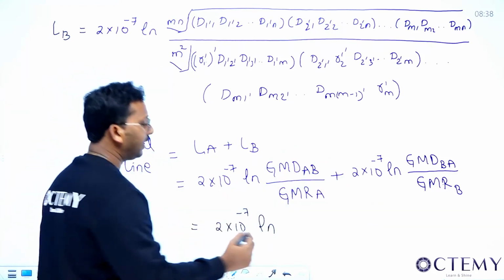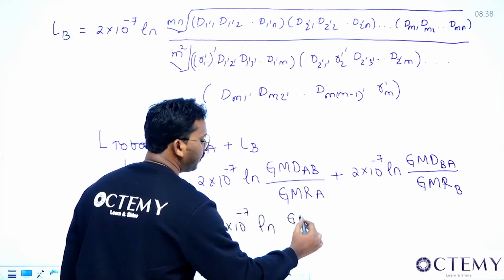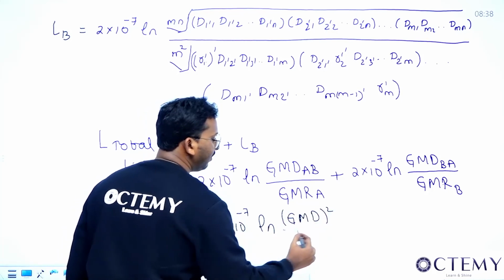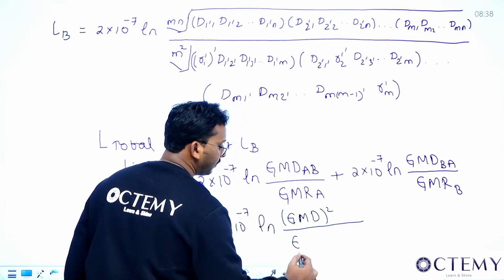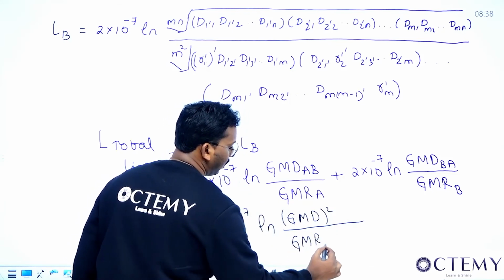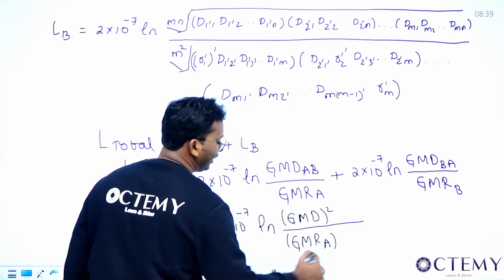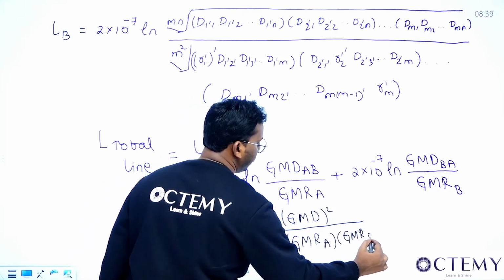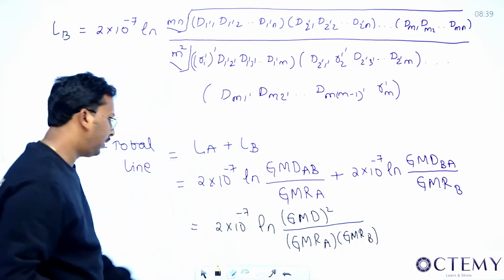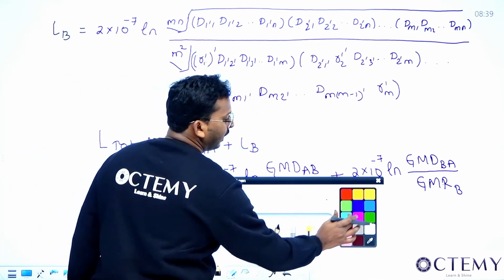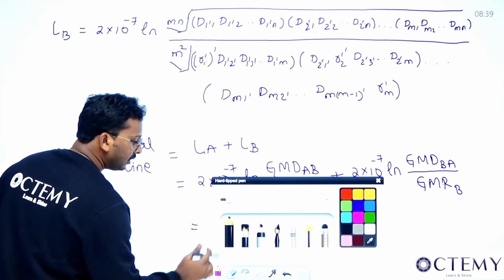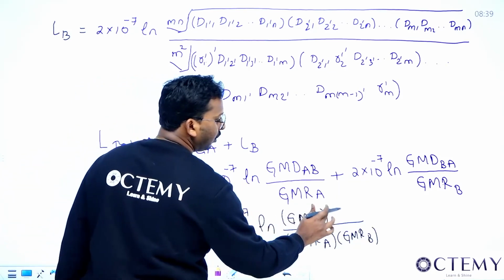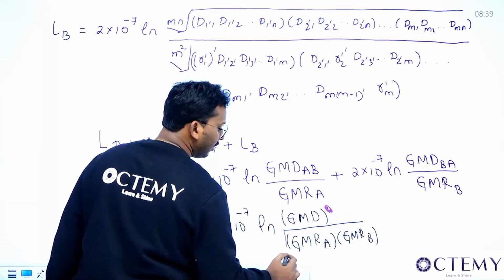So this I can write as simply GMD square, and this will become GMR of A and GMR of B, right? Now if you take this 2 outside and write it as 4, then this will be gone and you will get square root here.